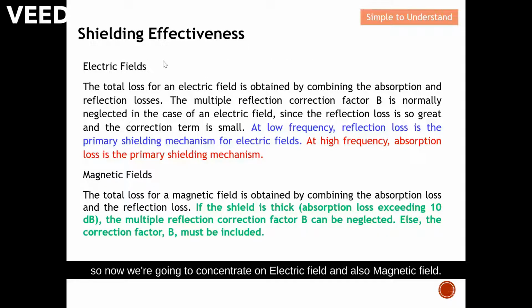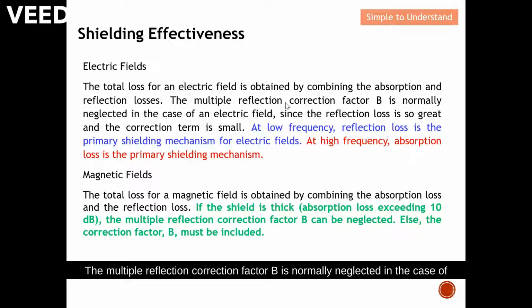Earlier on, we have mentioned far field. So now we're going to concentrate on electric field and also magnetic field. When your source of disturbance is electric field, the total loss for an electric field is obtained by combining the absorption and reflection loss.